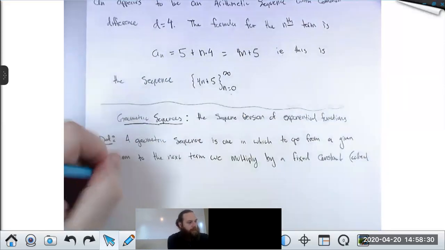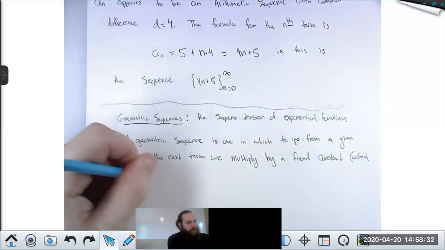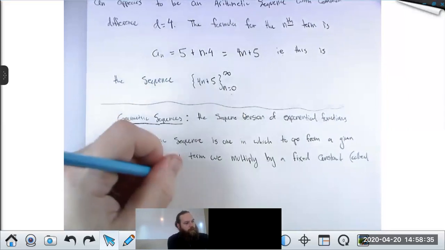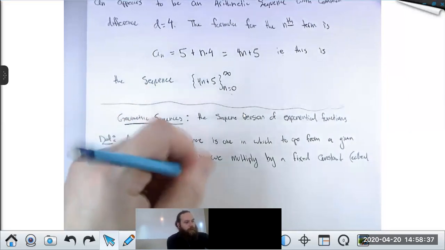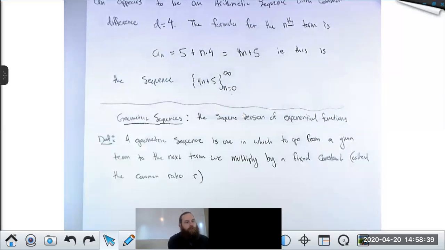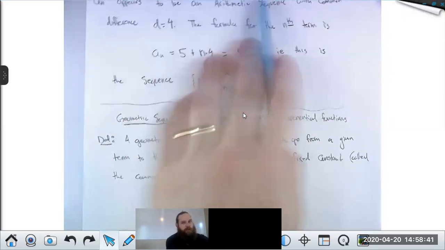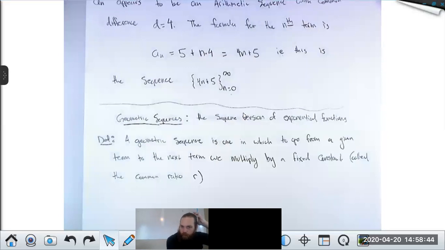So this is called the common ratio. And we use the symbol r instead of, like, for this guy we called the common difference d. Here we call the common ratio r.